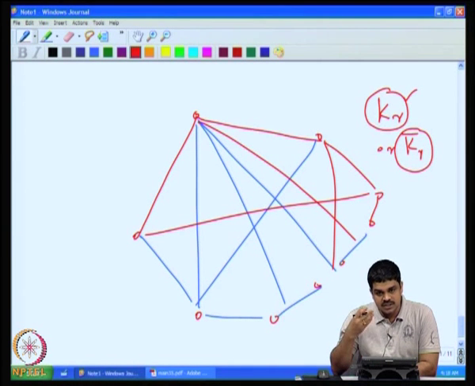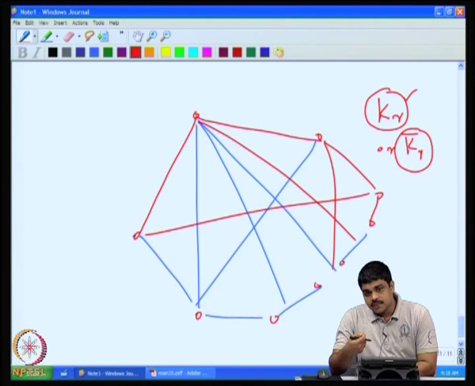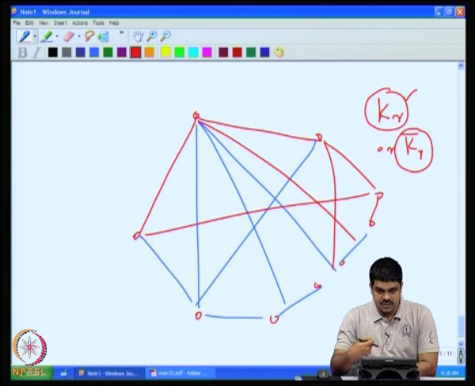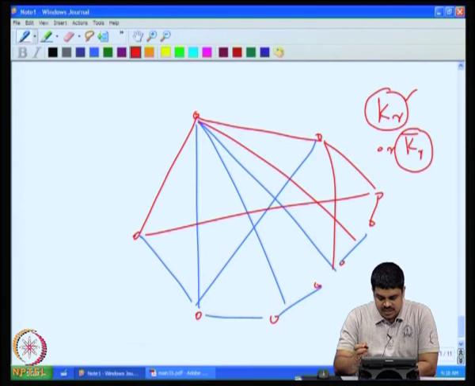We are taking a graph on n vertices, and asking whether, irrespective of the graph you take, I can always say that there is a complete graph on r vertices or an independent set on r vertices. If you are thinking of the coloring model, we are asking whether there is always a red clique on r vertices or a blue clique on r vertices.